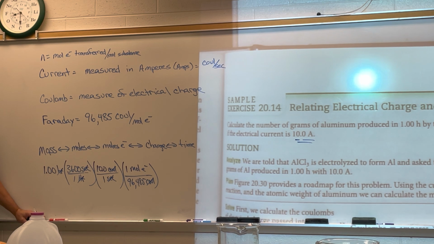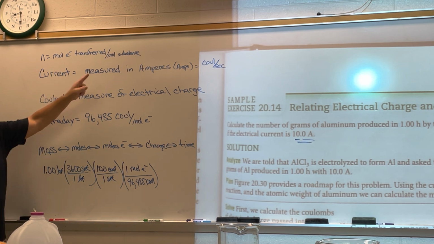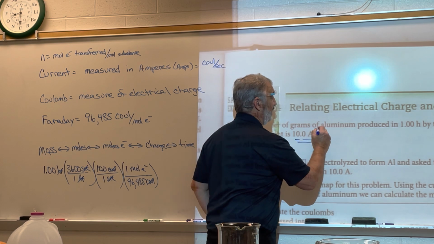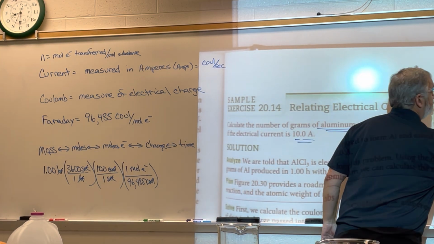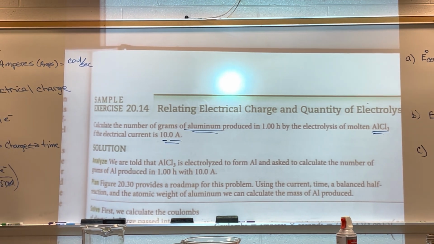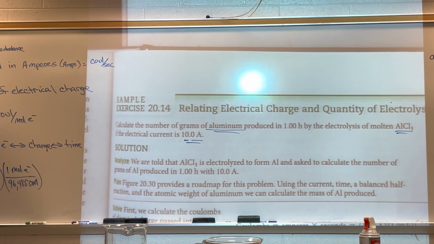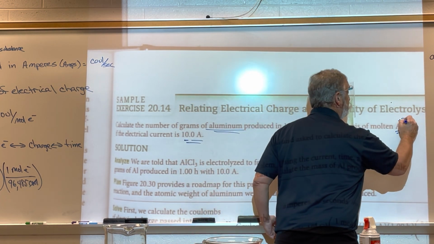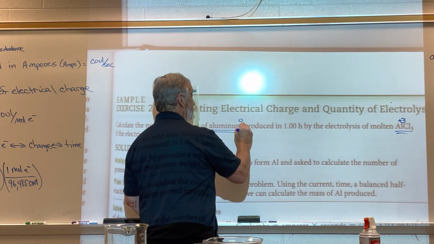Now here's where we go to the substance, N. If I'm going from AlCl3 to pure aluminum, what's N going to equal? 3, because it's going from +3 to 0.